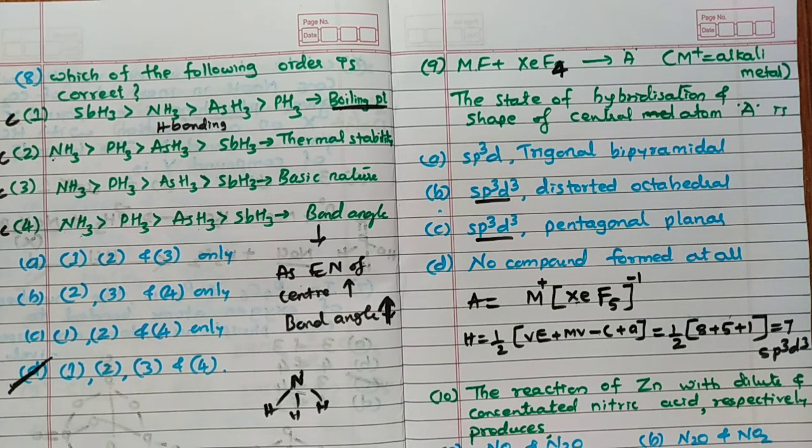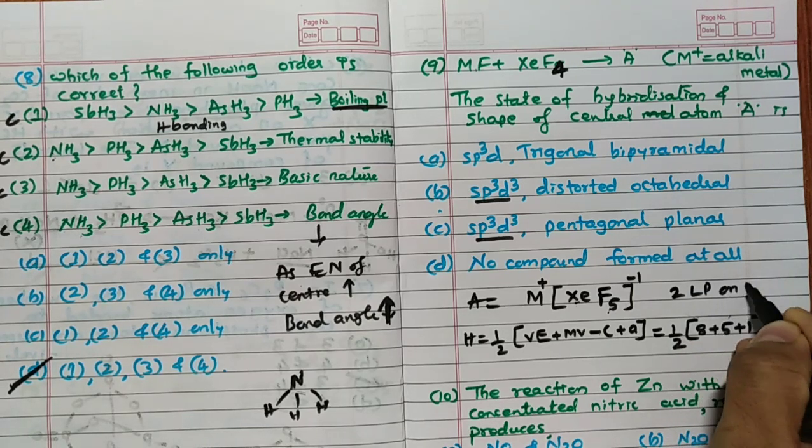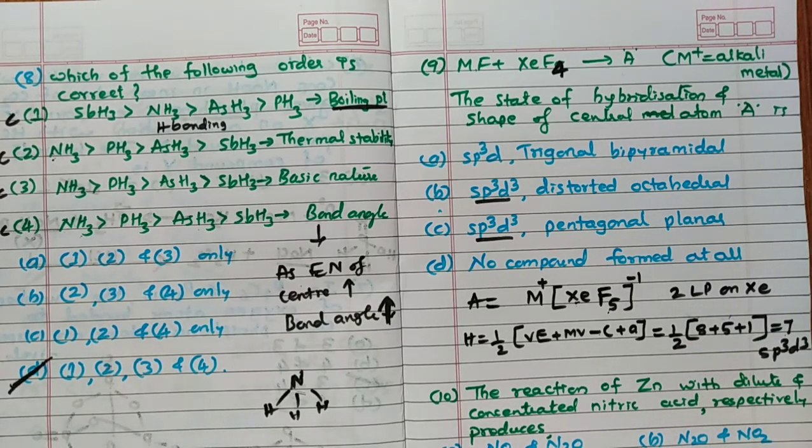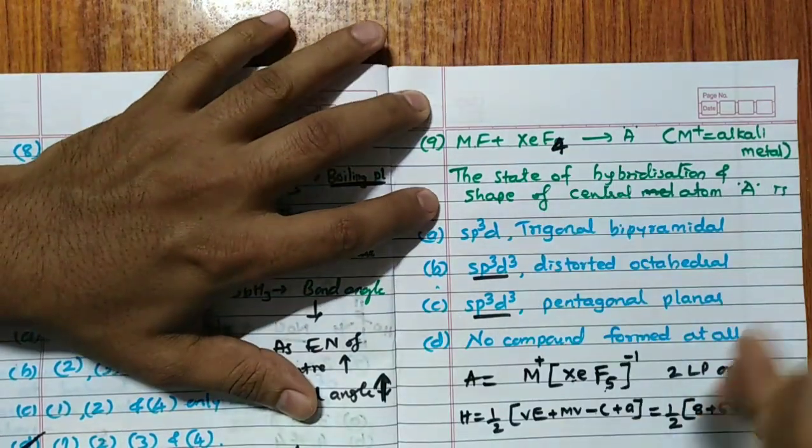Now, sp3d3 means 7, 1 center surrounded by 7. But here how many are there? 5, which means there are 2 lone pairs on xenon. Remember one thing, sp3d3, which structure are you going to get? See, the structure I will draw like this here.